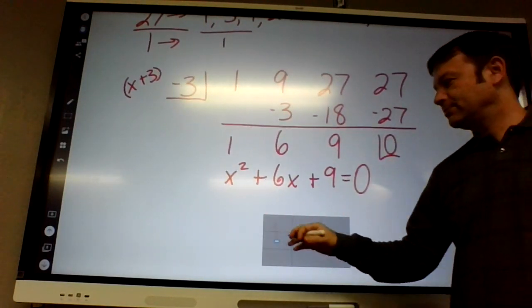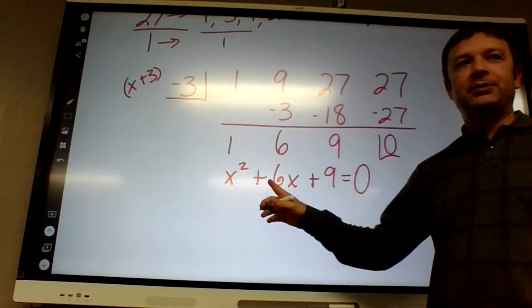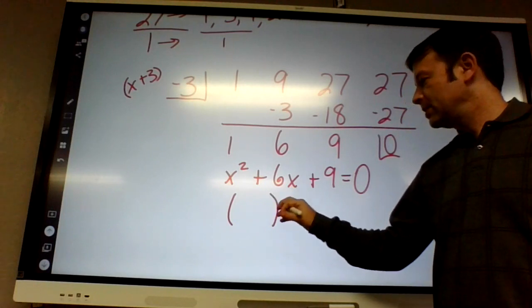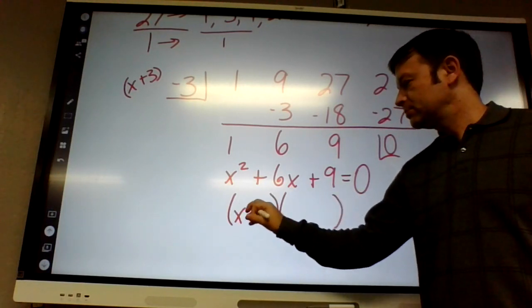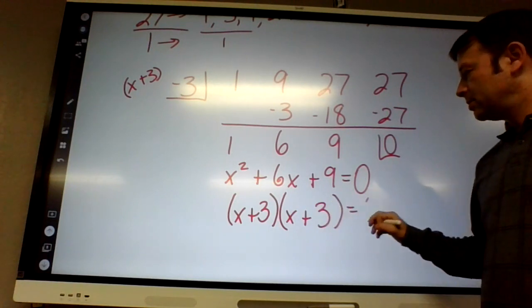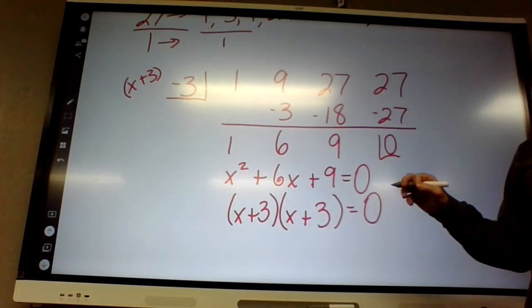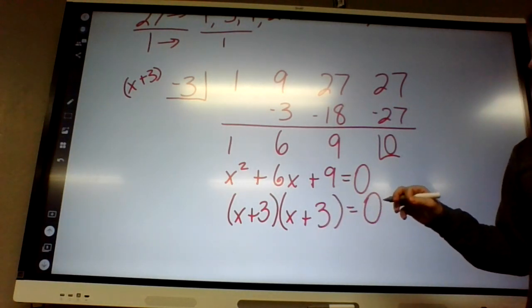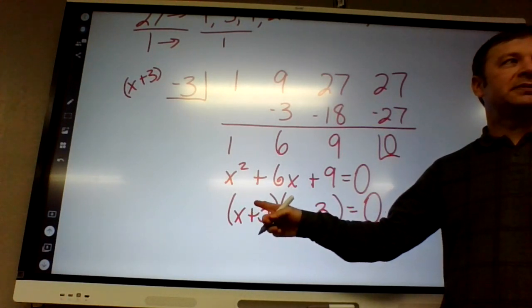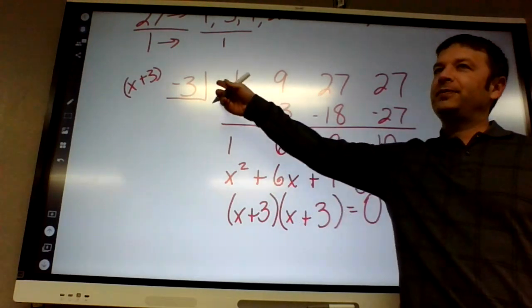Alright, so does this factor? What multiplies into 9 that adds up to 6? 3 and 3. Okay. So it's just x plus 3, x plus 3, x plus 3. So what are the x values? Negative 3, negative 3, negative 3.